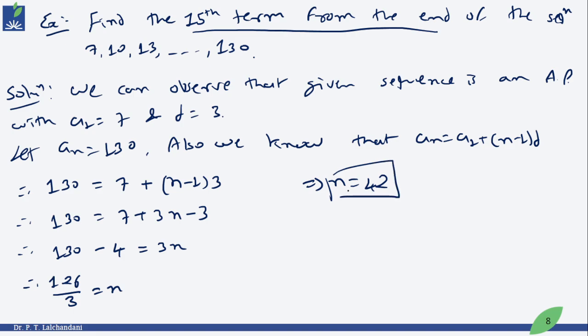So here we have proved that for n equal to 42, a_n is equal to 130. That means the last term of this given sequence is the 42nd term. Therefore, a_42 is equal to 130.